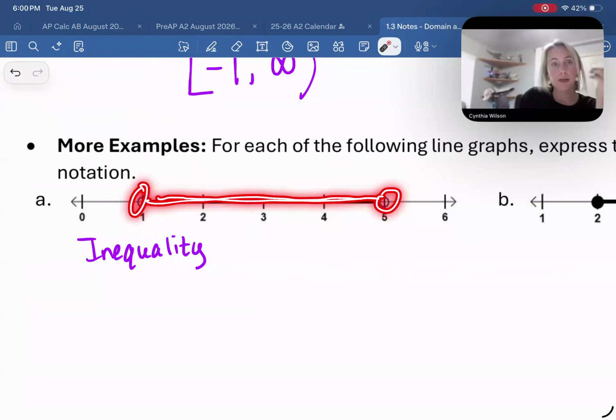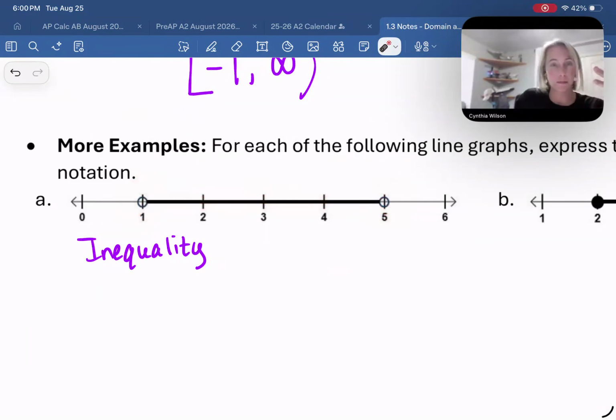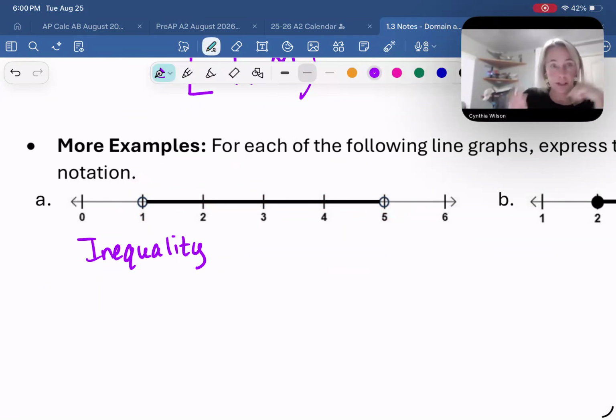That means x has to be somewhere in the middle. So here's how I always start it: x, give yourself some space on either side, two less than symbols. We'll fix whether it needs an equal sign in a second.